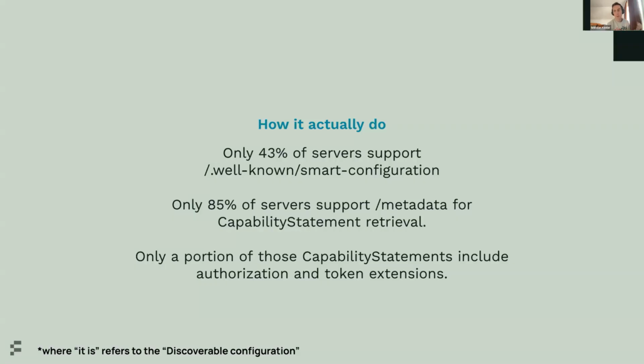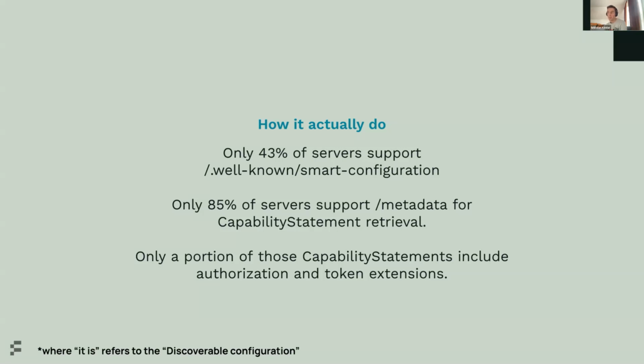How does it actually do? What do we see in the wild? We see that only 43% of servers for these payers that we integrate with support .well-known/smart-configuration. I don't know if it's the difficulty of .well-known/smart-configuration instead of metadata. I sometimes think the URL is just tricky for them to think about.